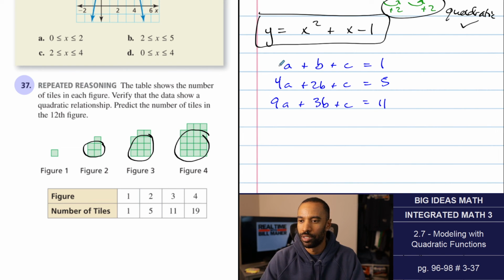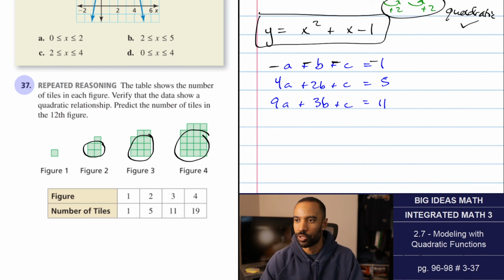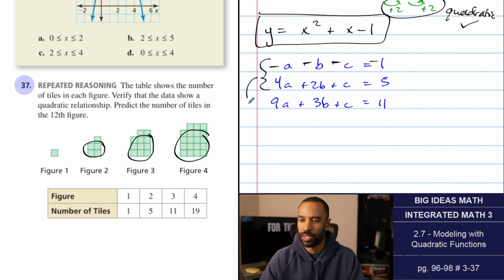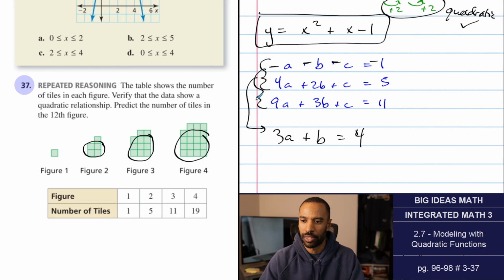Let's turn these ones negative here and cancel out them with the other two things. So like right here, put these two together, combine them, we get 3a plus b, c's cancel, and that equals 4. And then put these two together, and we get 8a plus 2b equals 10.